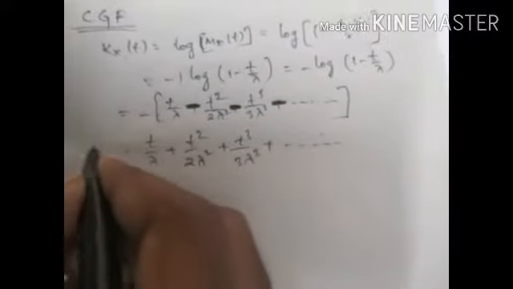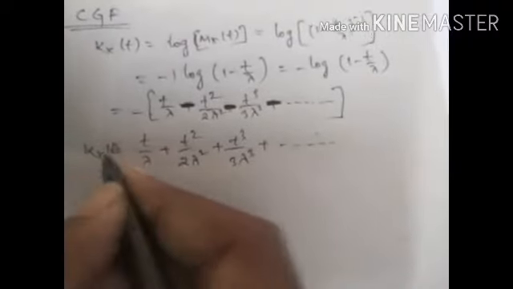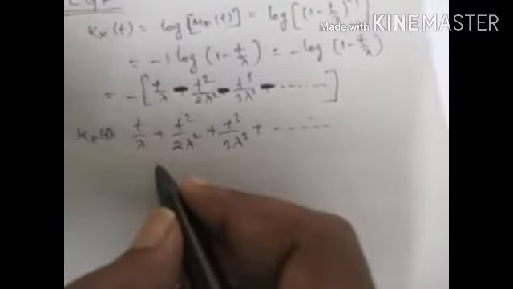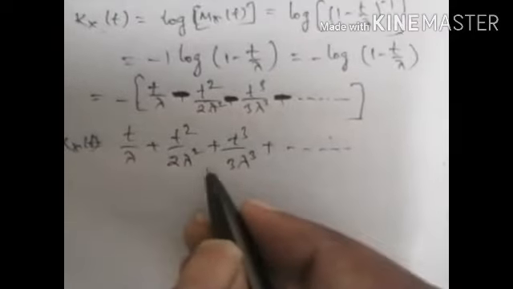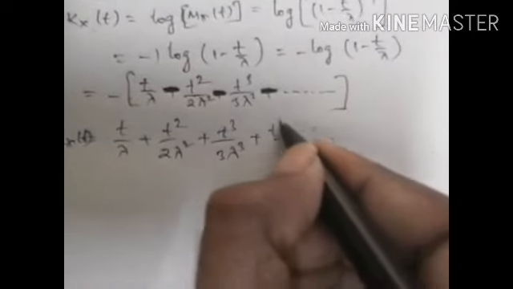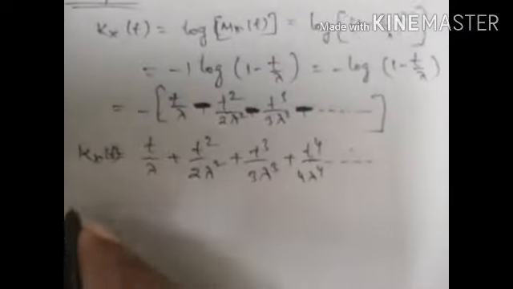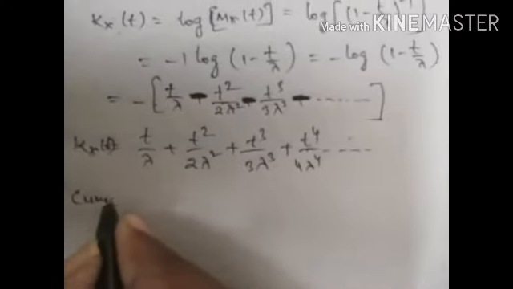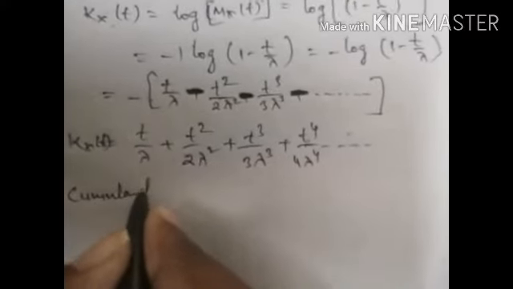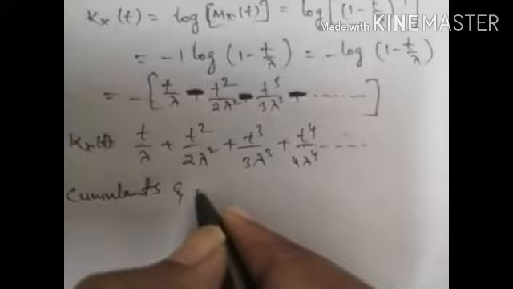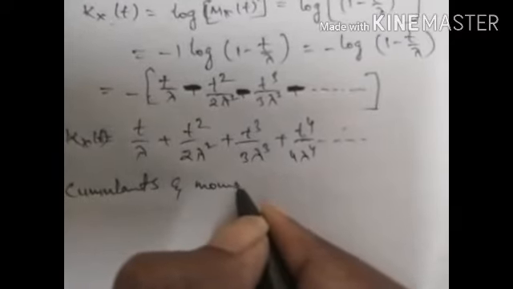So this is K x of t. When you compare these terms, we get cumulants and also moments.